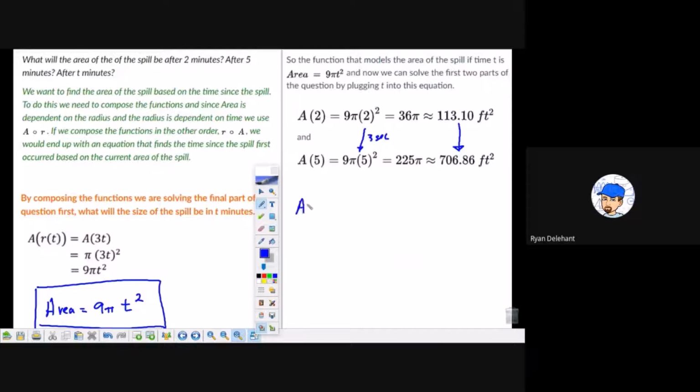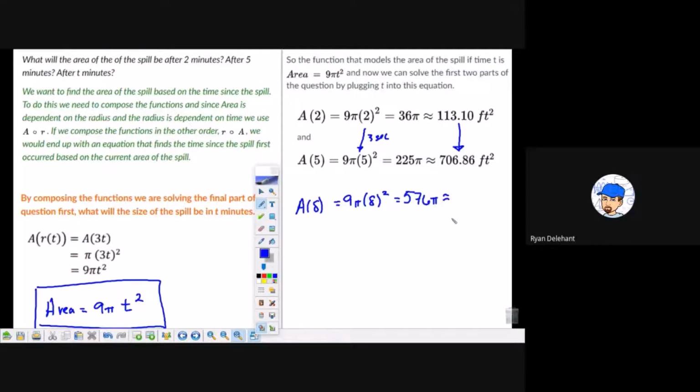Let's go 3 more seconds and see what happens. 9 pi 8 squared. 8 squared is 64, right? So 64 times 9. So that's 576. Somebody double check me on a calculator. Yes. Is that right? Cool.